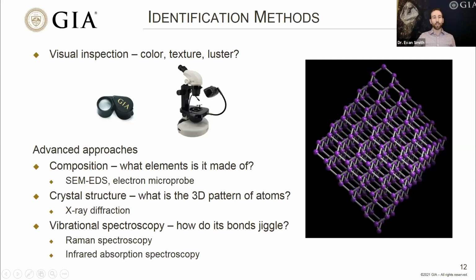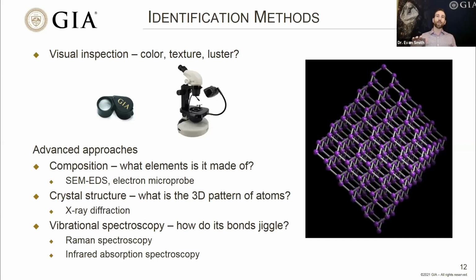And the last thing I want to mention is vibrational spectroscopy. In other words, how do the bonds in this material jiggle? You can almost think of minerals as being made up of atoms that are joined together by springs. They can vibrate a little bit, and that vibrational frequency or energy is specific to some minerals.